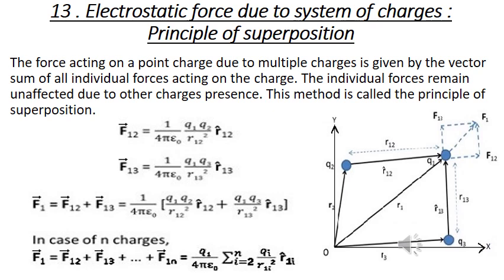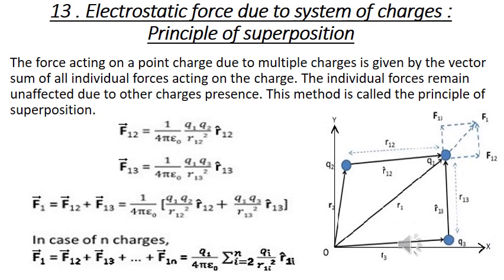The resultant of these two forces for the system of three charges will be F1 as shown in the figure. Therefore, adding vectorially the two forces, we will get 1 by 4 pi epsilon naught Q1 Q2 upon R12 square R12 cap plus Q1 Q3 upon R13 square R13 cap.